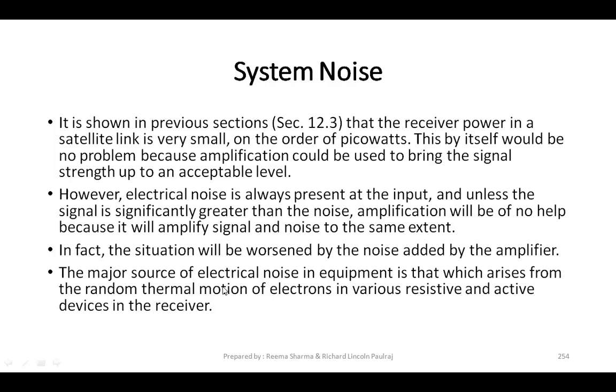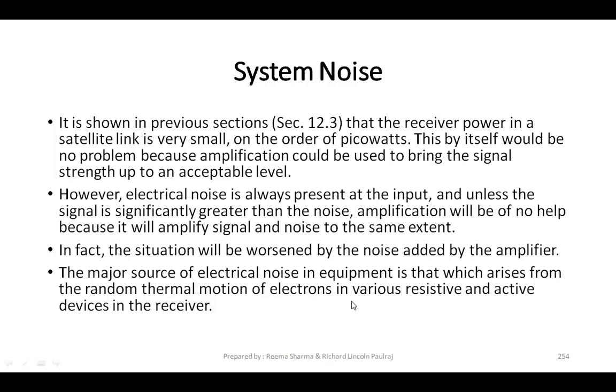Due to this motion and colliding of electrons, heat gets generated, and that is what is called random thermal motion of electrons. So temperature is getting generated just because of this motion of electrons. As you all know, they have their valence band, their Fermi level, and then their conduction band. Because of these collisions, electrons will move from one level to another, and collisions cause this thermal factor to increase, right?